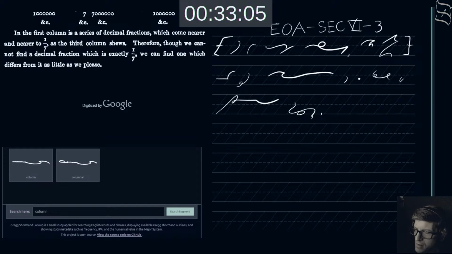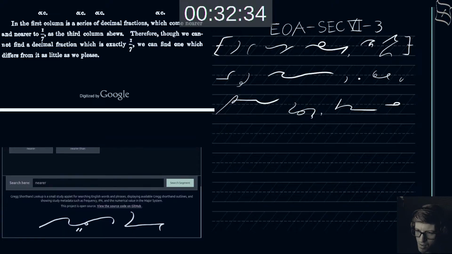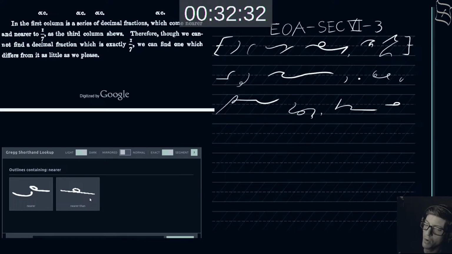Which come nearer and nearer to 1 over 7. I don't think I've ever done nearer before. That's interesting because near should be a case of the N with the backwards R, but nearer, let's take a look. Look at that. It's a case of the disjointed R. Nice.